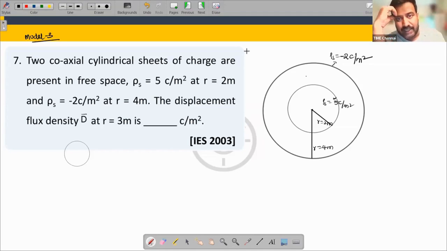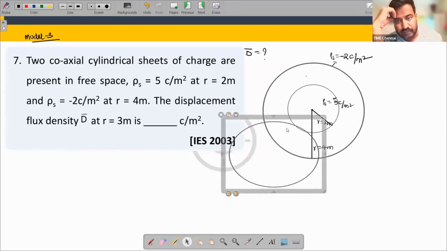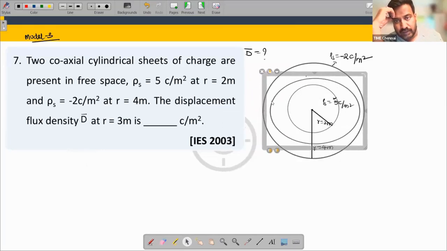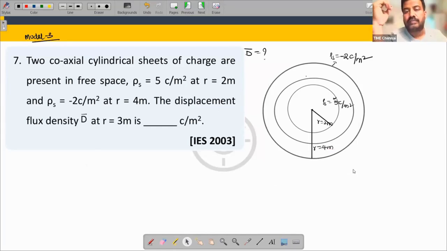Find the displacement current density D at r equal to 3 meter.